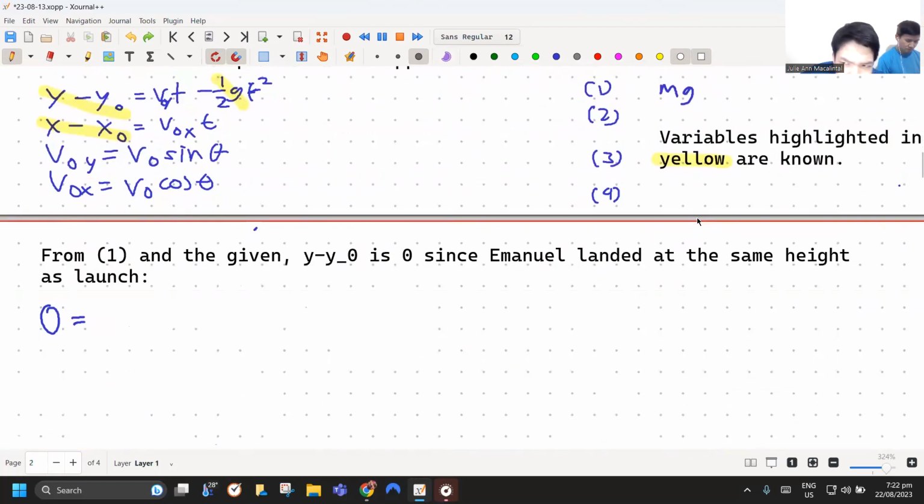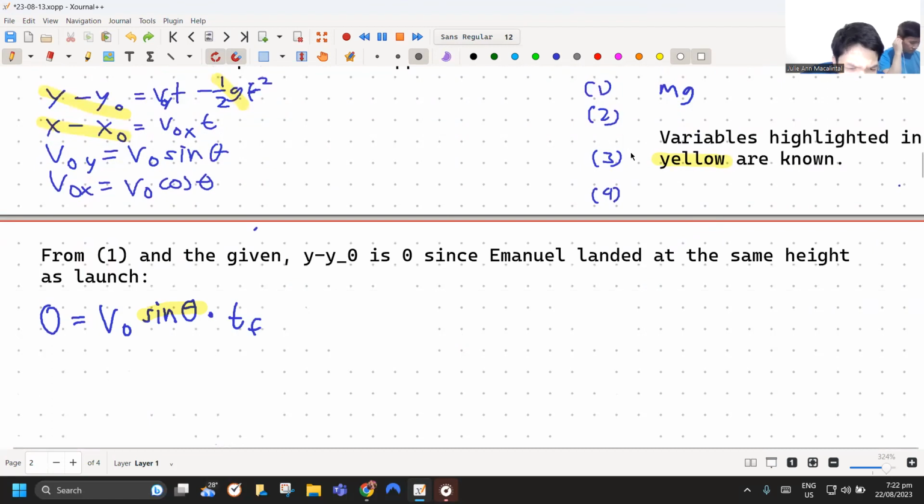Next we put 0 here from 1, and we substitute v0 sine theta using 3, times t final, the time at which he lands, minus 1 half g t f squared.